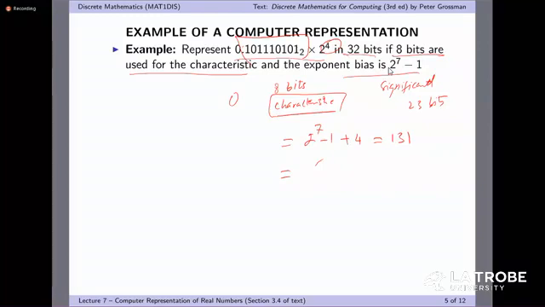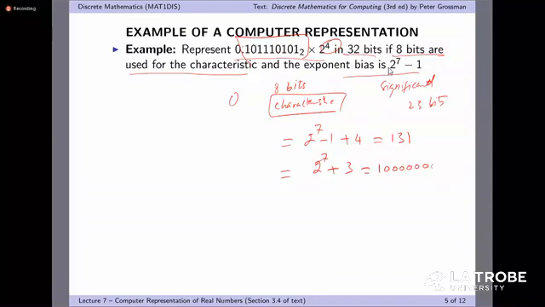You agree with me? So that is your characteristic. Let me write it down as 2 to the power 7 plus 3, because it makes the representation a lot easier. 2 to the power 7 means you have the number 1 followed by 7 zeros: 1, 2, 3, 4, 5, 6, 7.